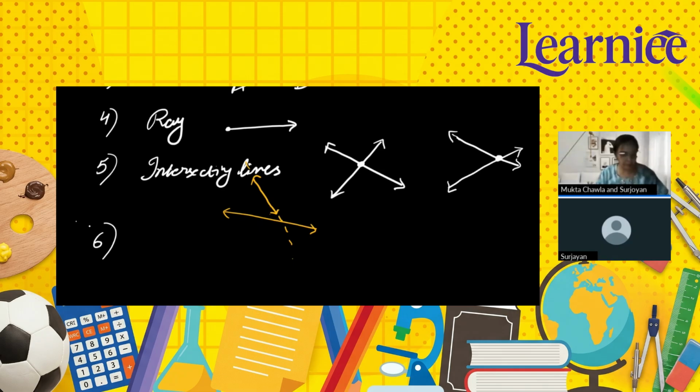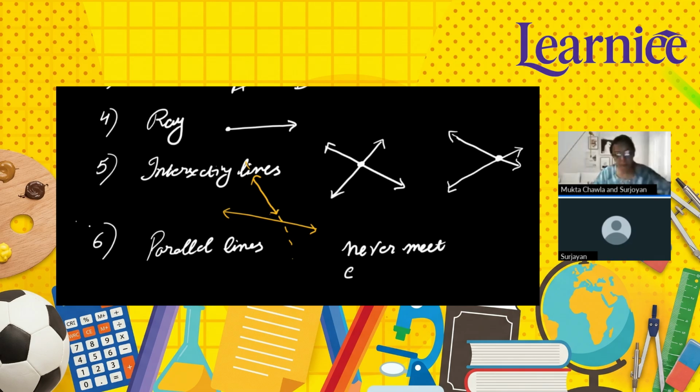Next we have parallel lines. I know what parallel lines are. Yes, you can explain. One set of parallel lines includes two lines that can never meet and go on infinitely. You said never meet; this is the proper word. They never meet, so they are called parallel lines.